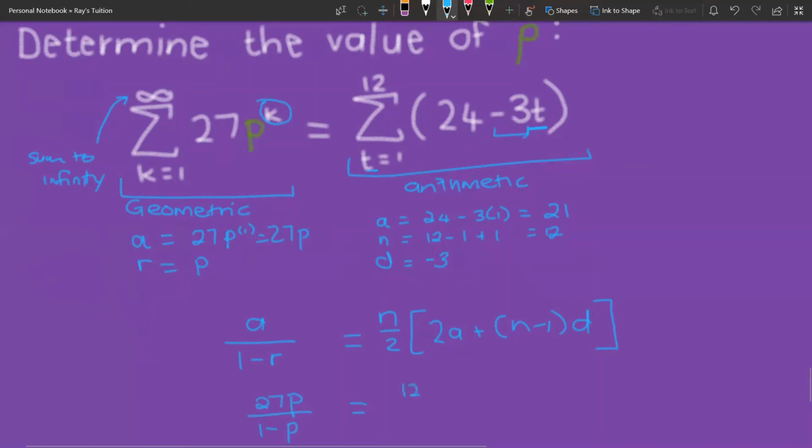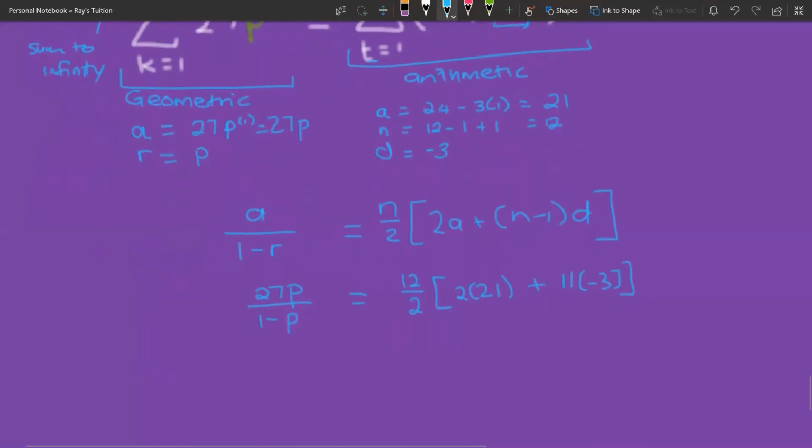Our n is 12, so it's 12 over 2 times 2 times 21 plus 11 times minus 3. Okay, let's continue. So we get 27p over 1 minus p is equal to 6 times 42 minus 33.